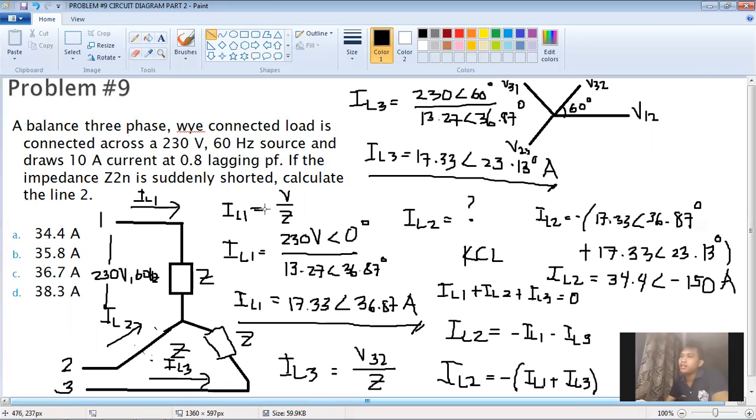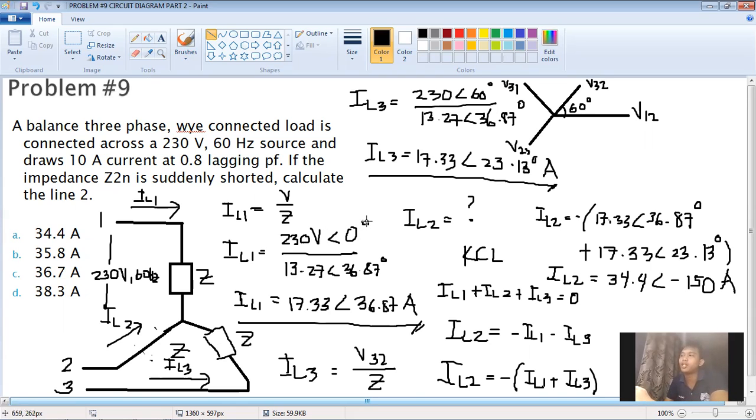That will be IL1 is equal to V over Z. Our voltage is 230 volts, angle 0 degrees. Take note that 0 degrees means we are talking about the unity power factor, which means that in the diagram, the voltage in line 1 is at 0 degrees.